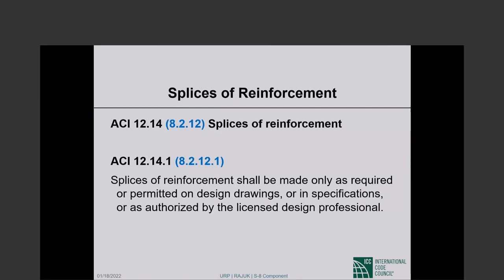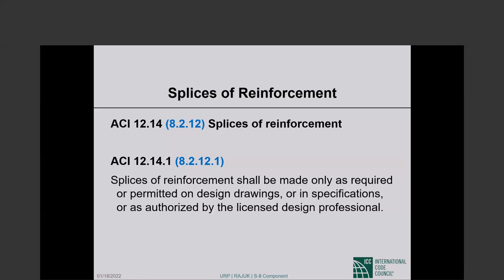Then development of headed bars in tension, L sub DT. Then we went to development of flexural reinforcement. We talked separately about top reinforcement and bottom reinforcement, or positive reinforcement and negative reinforcement. Okay. Then we got into the development of web reinforcement, which is typically there for shear.